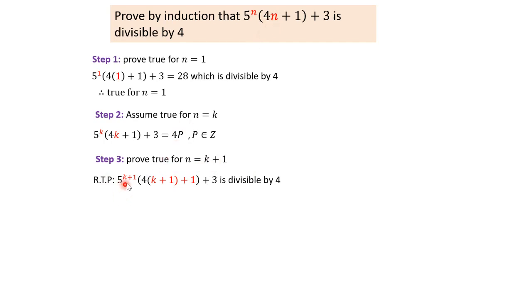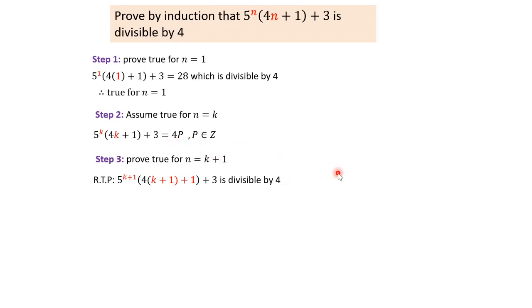So I have 5 to the k plus 1, 4 times k plus 1 plus 1 plus 3. And remember, I want this algebraic expression to be divisible by 4, which really means that at the end, you want to be able to take out a common factor of 4 so that you have 4 times something.